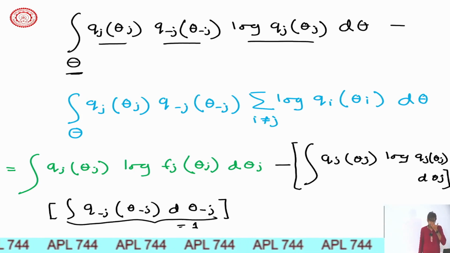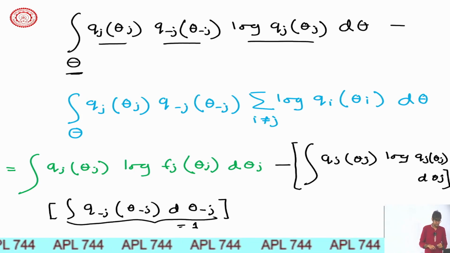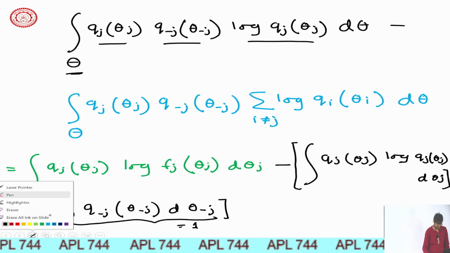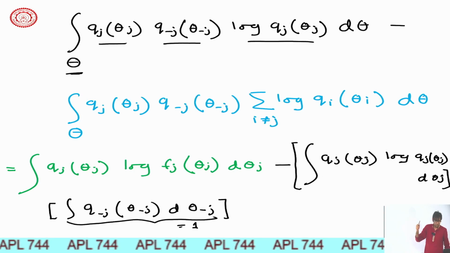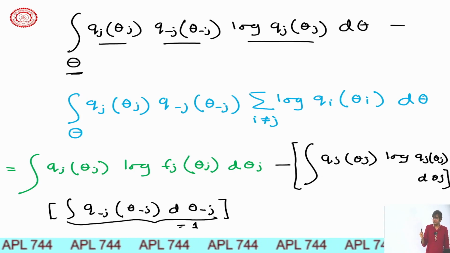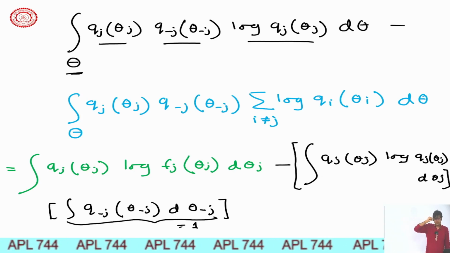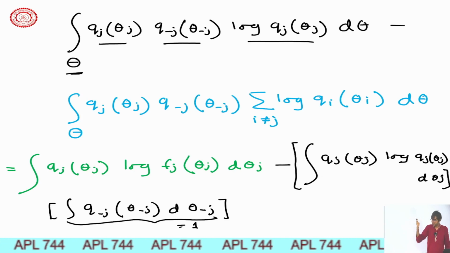Okay. The last term, what will it be equal to? I will write it in the next slide, but first of all let us see. Again, the last term is qj theta j, that is only a function of theta j, and then the remaining term is a function of everything apart from theta j.